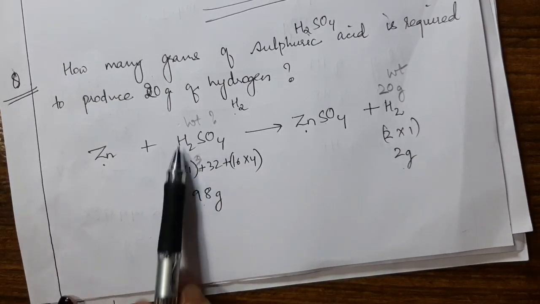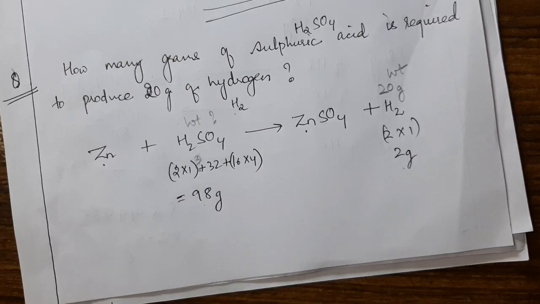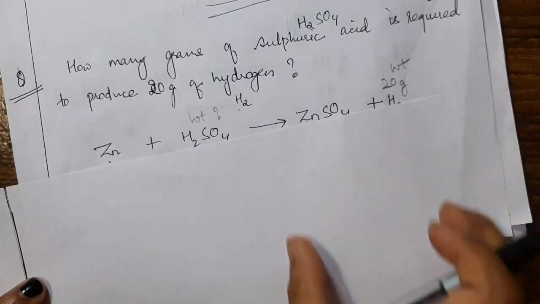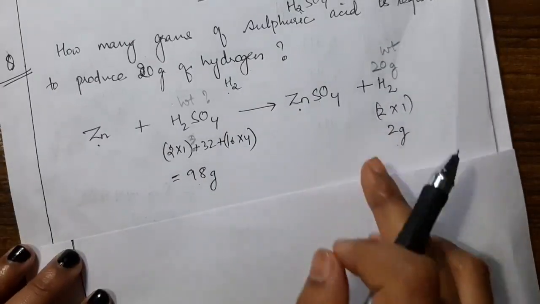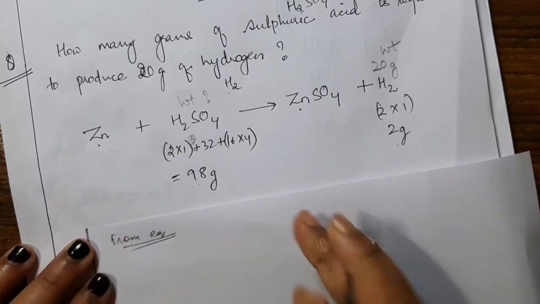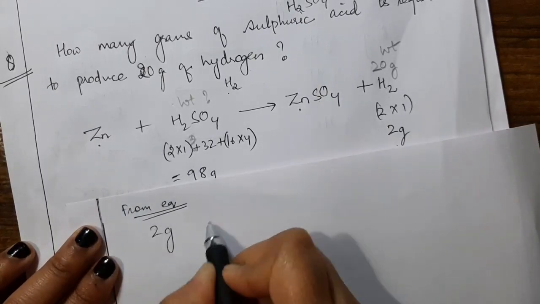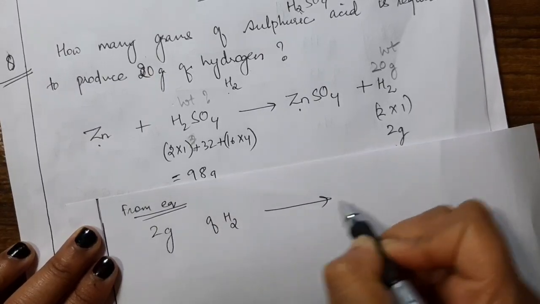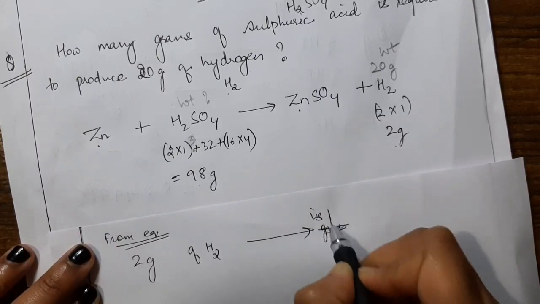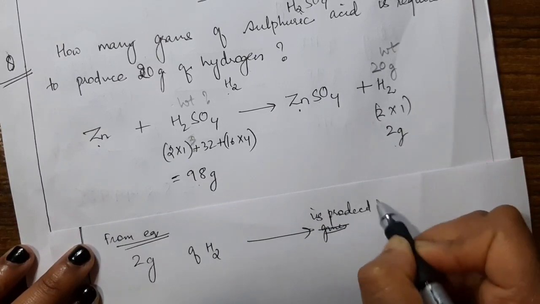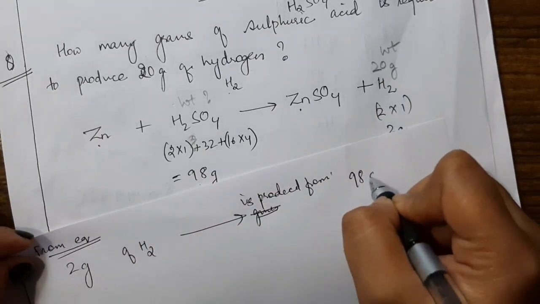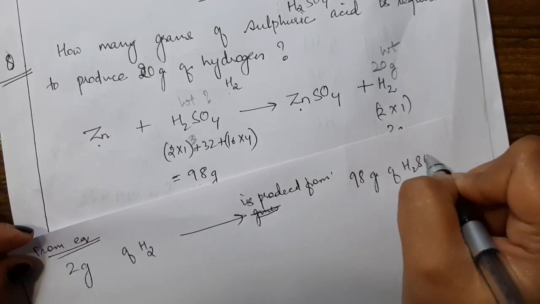Now, we have to find out the weight of H2SO4. So what we're going to do is, the H2SO4 portion, we'll keep it on the right hand side. So how we'll write is, from the equation, we know that 2 grams of H2 is produced from 98 grams of H2SO4.